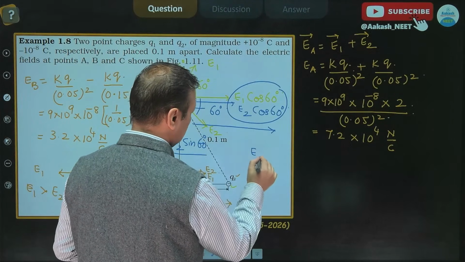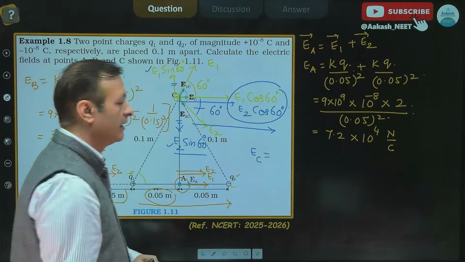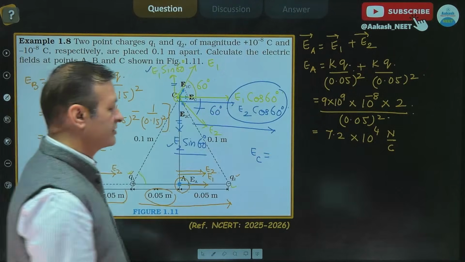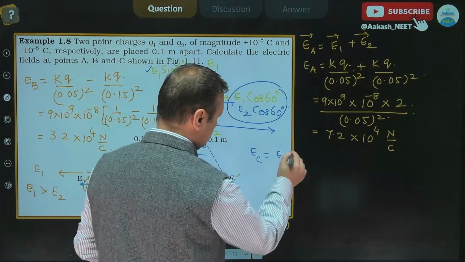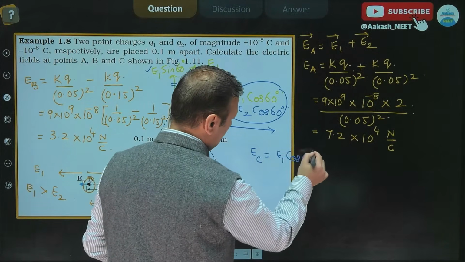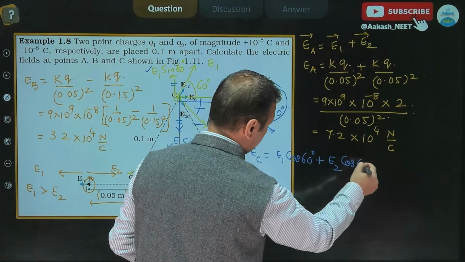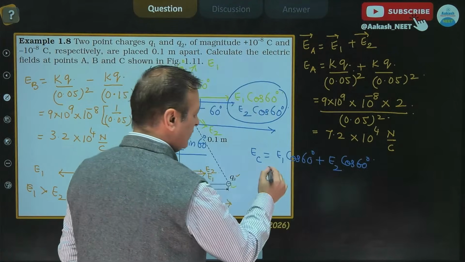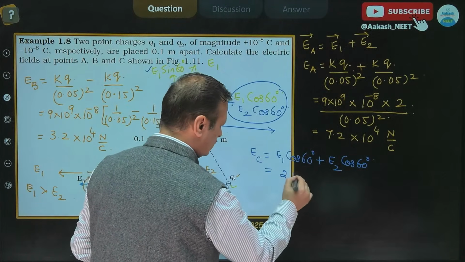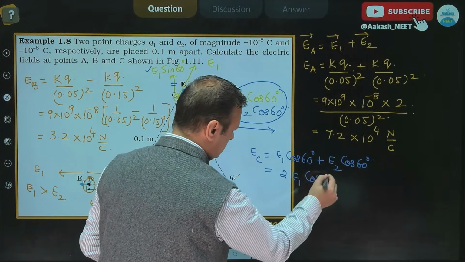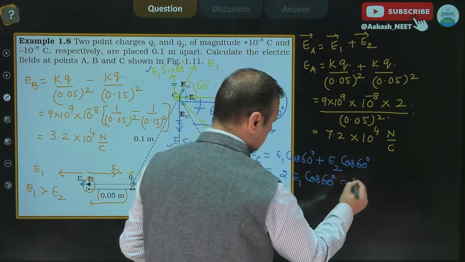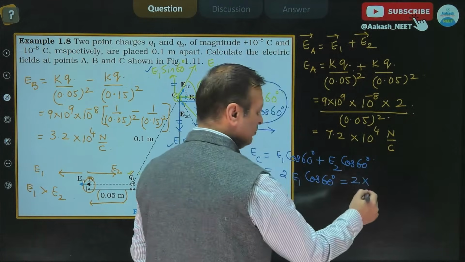So this is EC, and this is E1 cos 60 plus E2 cos 60, and E1 and E2 are equal. So this is 2E1 cos 60 degree. So this is 2 times E1.